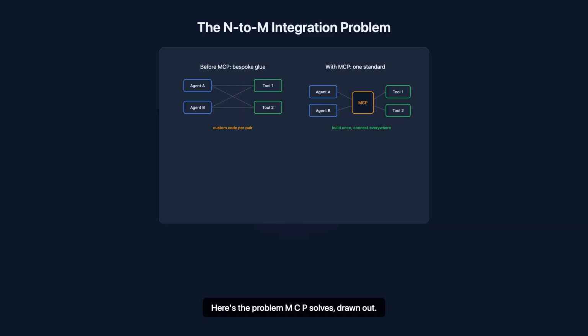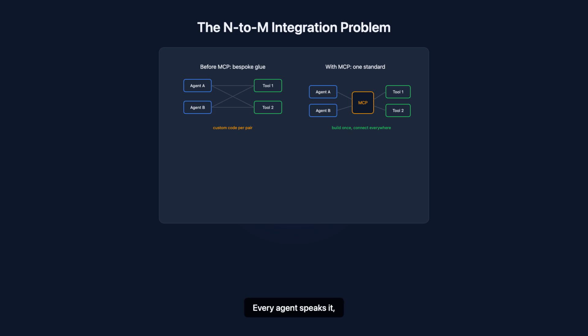Here's the problem MCP solves, drawn out. On the left is the world before it. Every agent needs custom integration code for every tool it talks to. Two agents and two tools already means four bespoke connections, and it explodes as you add more. That's the tangle you're looking at. On the right, MCP sits in the middle as one common protocol.